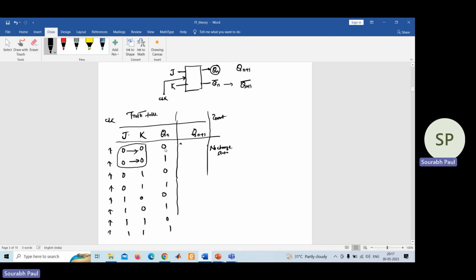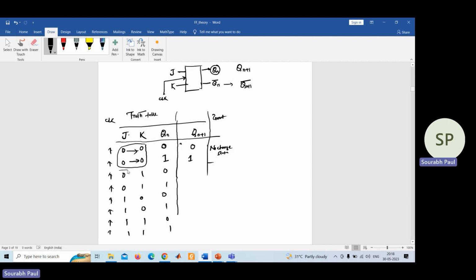No change means whatever present output you are having, after applying the clock, you'll have the same output only. So in this condition, if your present output is 0, the next output will also be 0. If your present output is 1, the next output will also be 1 after applying the clock. So this is known as the no change state.